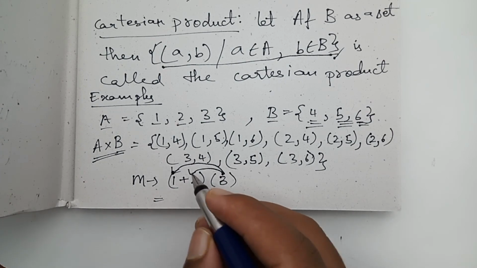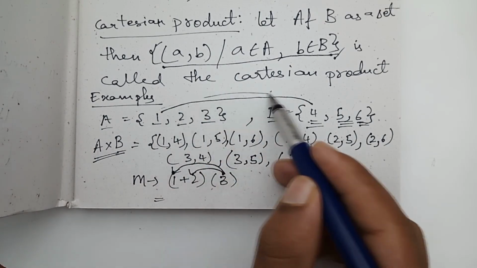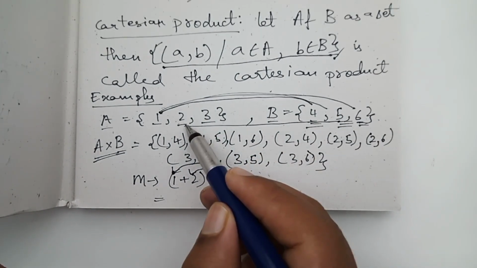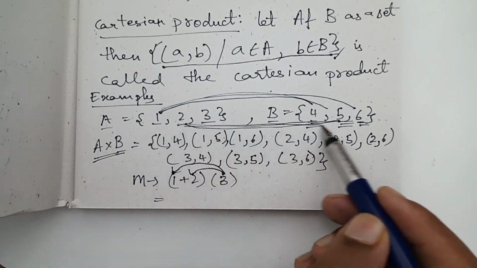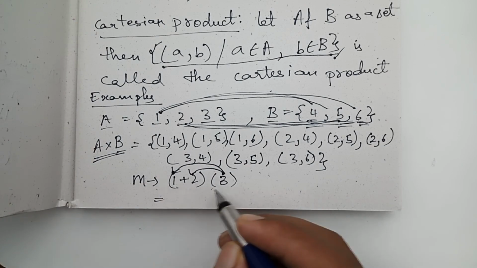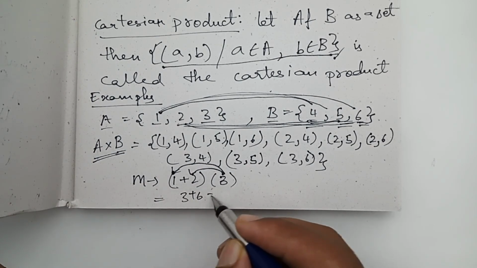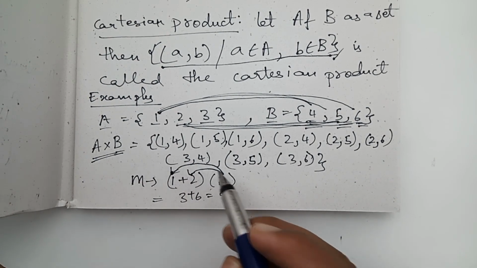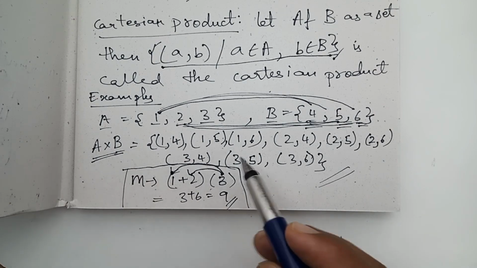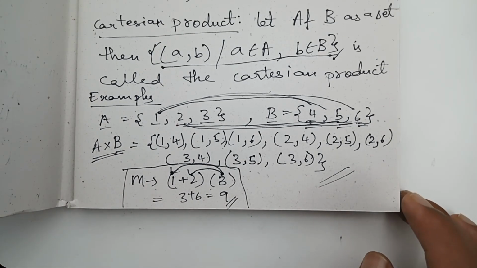Now here also, first one, second one, and then third one, for each, like this only. For this, the answer will be 2 threes are 6 and 1 three is 3, that is 9. For this Cartesian product, the answer is like this. Okay, let's know the next one.